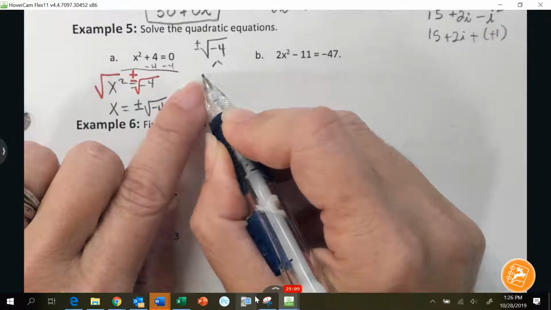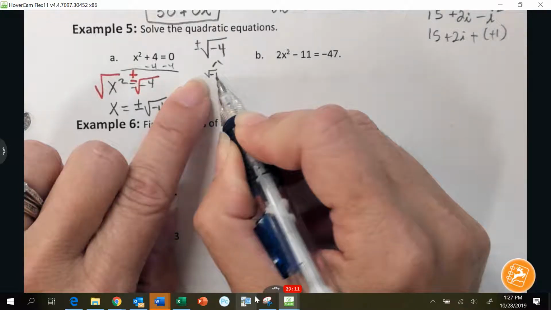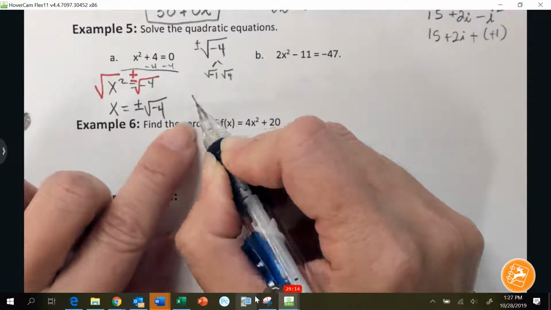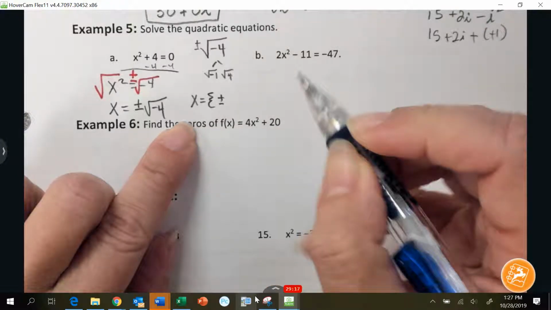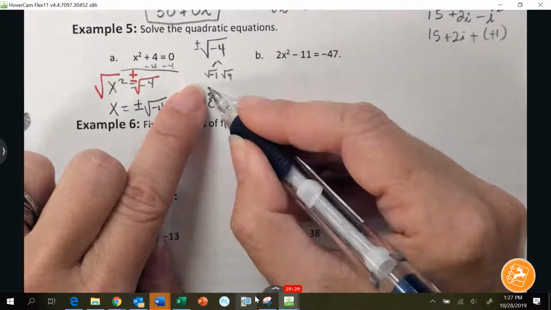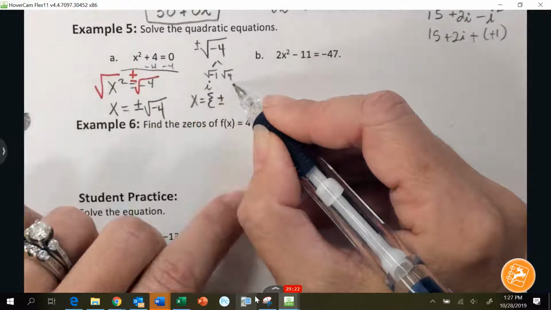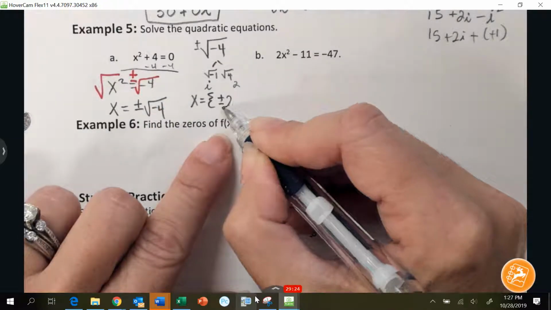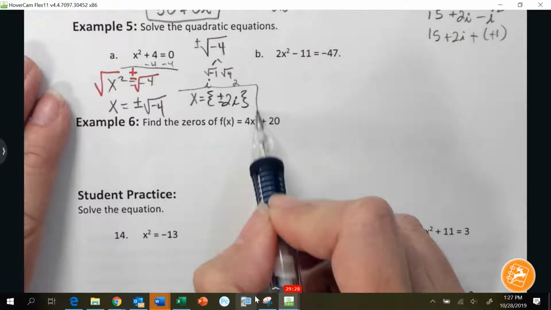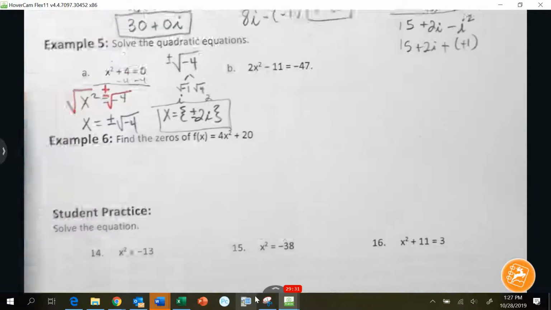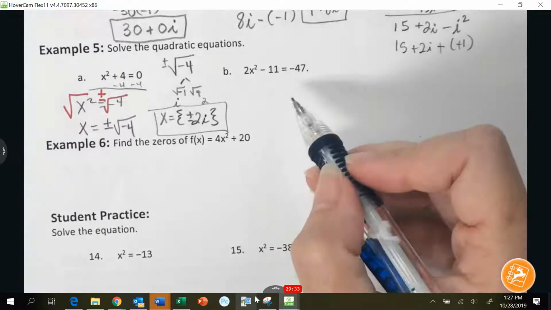So I would separate this to be square root of negative 1 and square root of 4. So I'm going to get plus minus. What does my square root of negative 1 become? i. And what does my square root of 4 become? 2. So plus minus 2i will be my 2 answers. Also minus 2i. Yep.